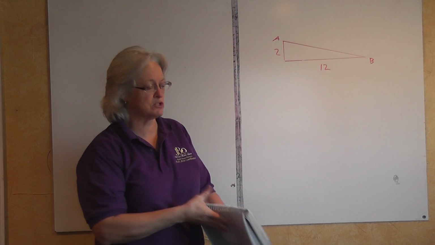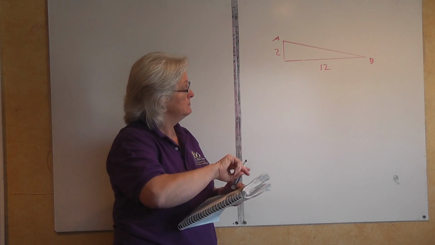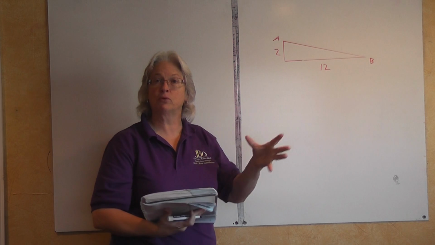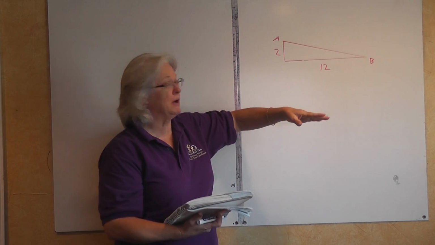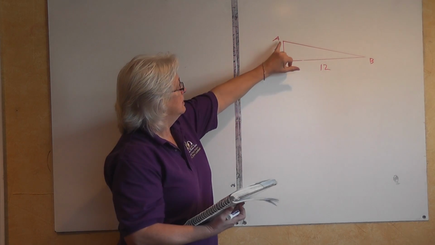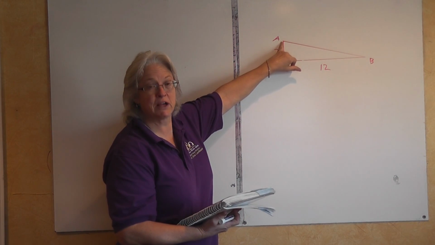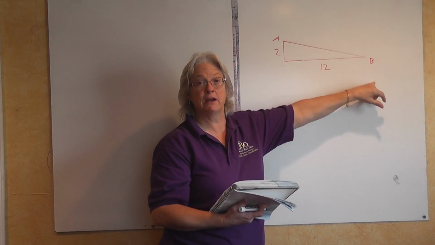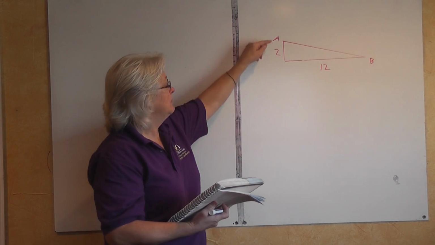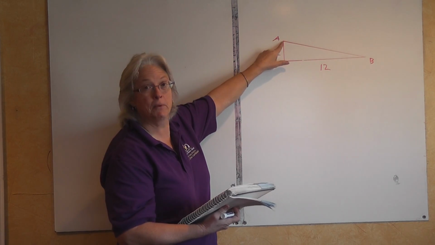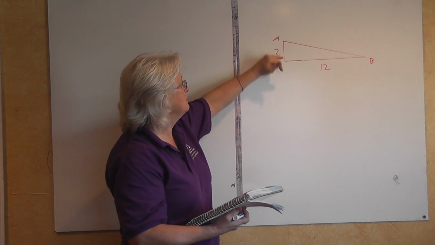So what I have sketched for you here is an example, just a picture representing a bunny hill at your ski resort. The top of the hill is represented by point A. The bottom of the hill is represented by point B. When you're at the top of your bunny hill, you're 2 units high.